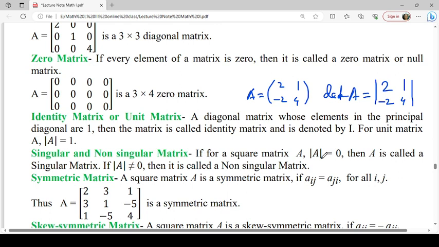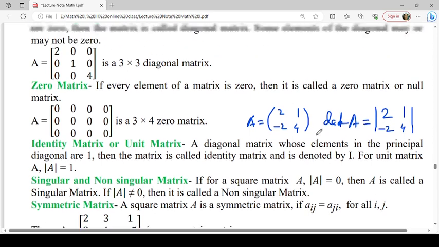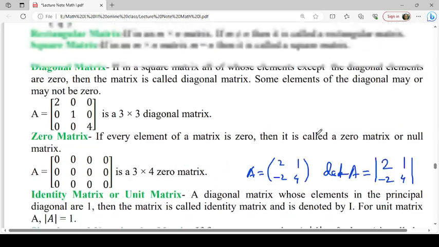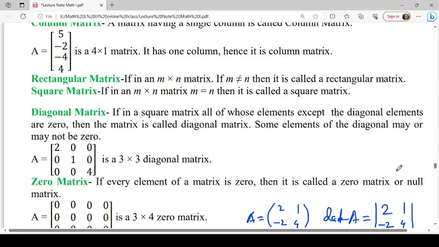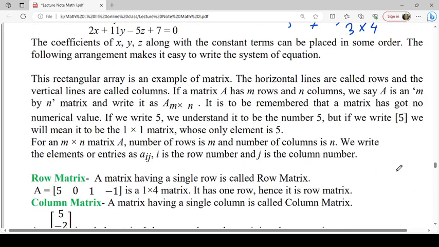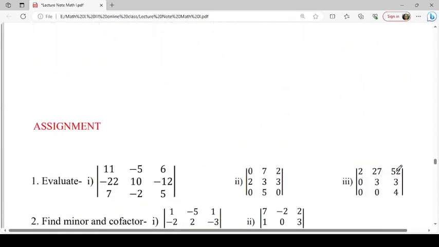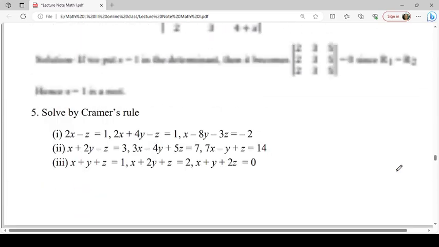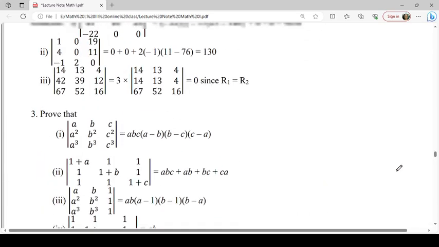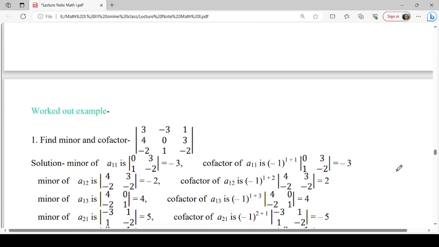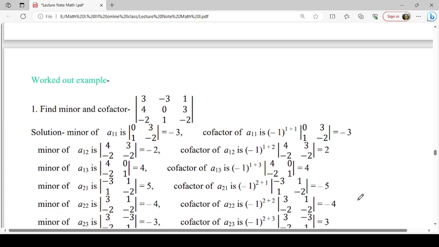Now let us talk about the expansion of determinant. First, minor.